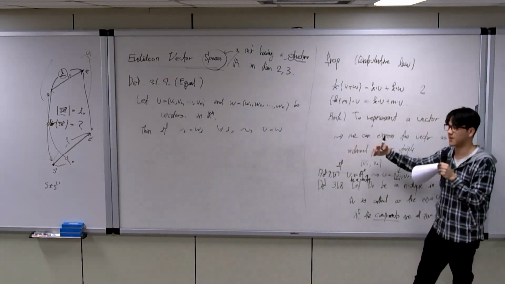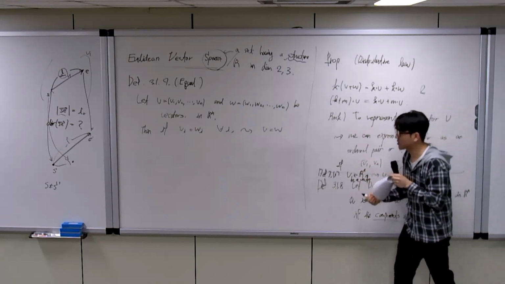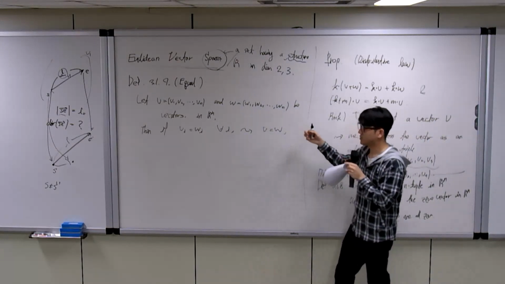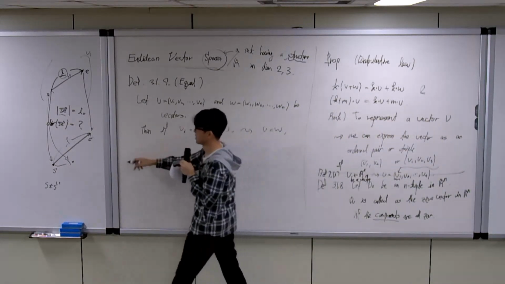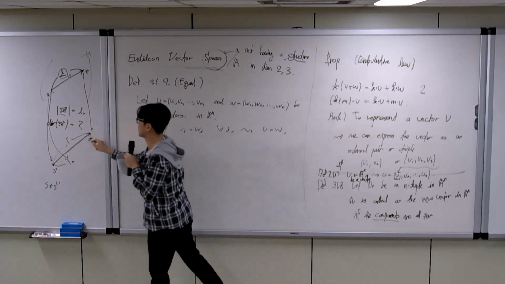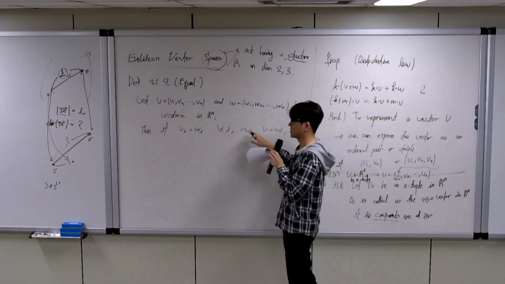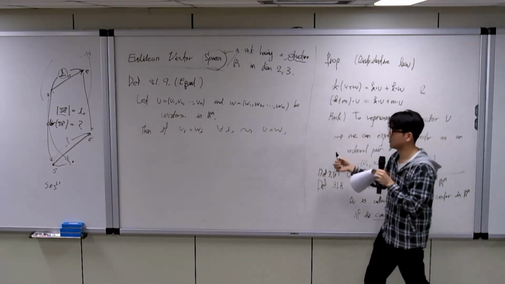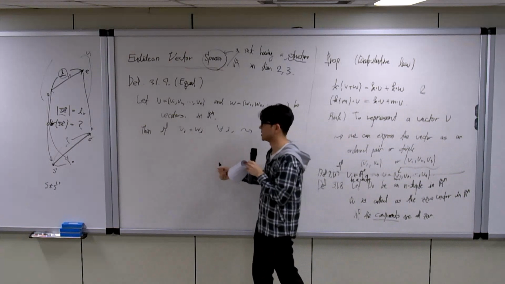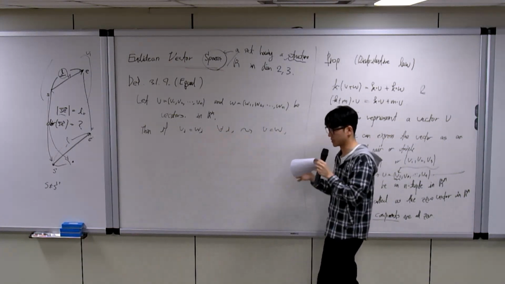So we defined the equivalent vector in two- or three-dimensional space as having the same starting point and end point, and this definition is satisfied in two or three dimensions also.